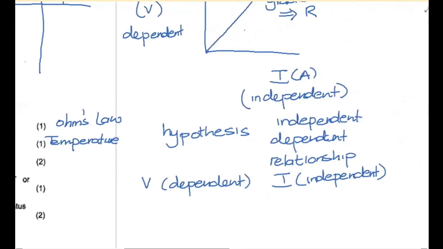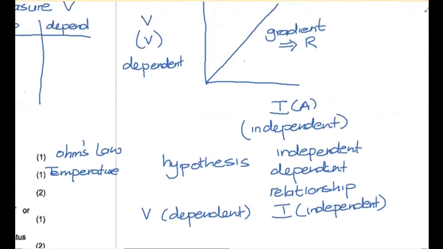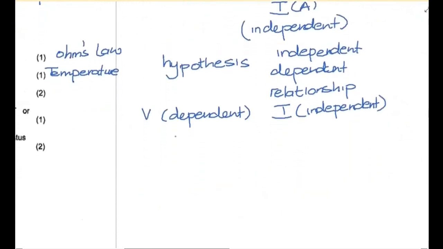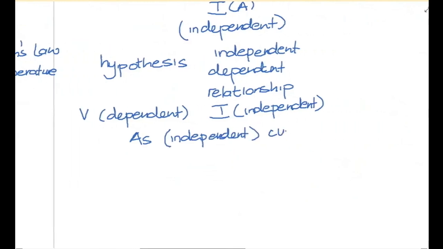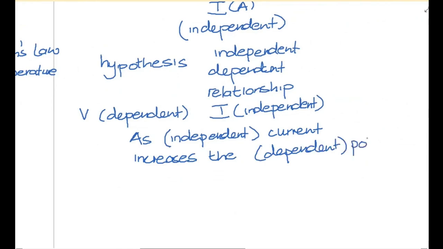You are not going to say as V increases, I increases. You have got to say, as your independent, because that's the one you change, as your current increases, and then you mention your dependent, which is your potential difference.